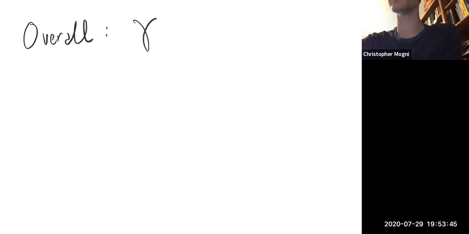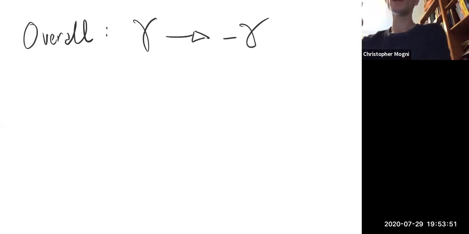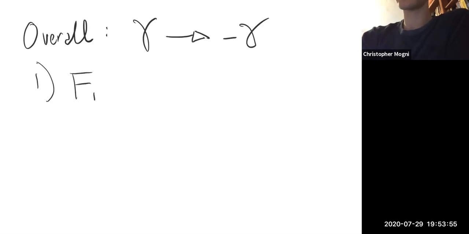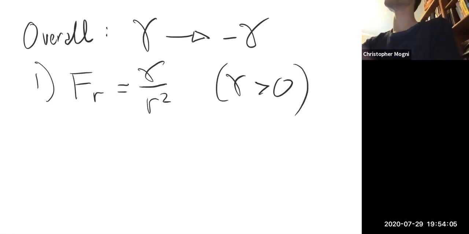To make it repulsive, all we need to do is, anytime we see gamma, replace it with negative gamma. So the radial force is going to be equal to gamma over r squared, with the constraint that gamma is greater than 0, such that we know this is going to be repulsive.